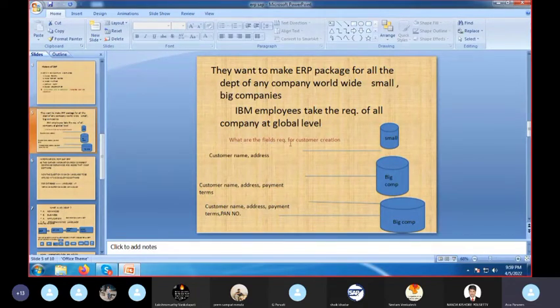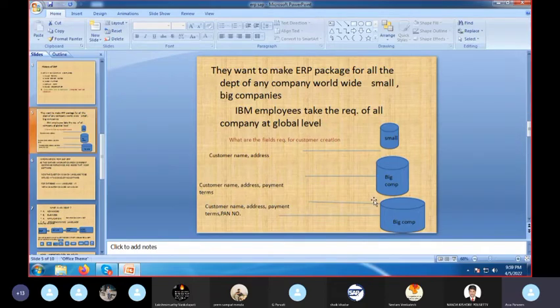What are the fields required for customer creation? I took one example here, customer creation in SAP. In one small company, they need only customer name and address. In another company, they want customer name, address and payment terms.